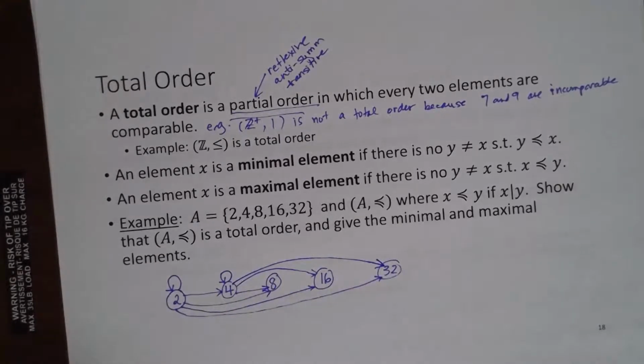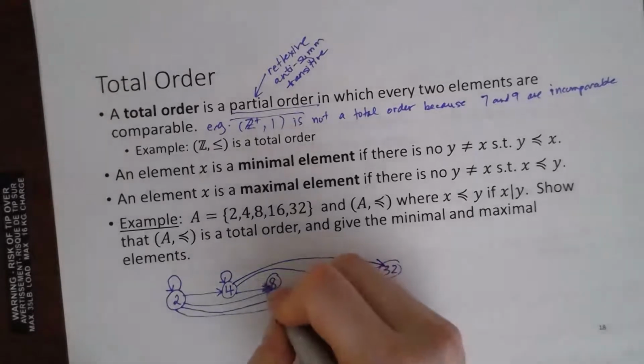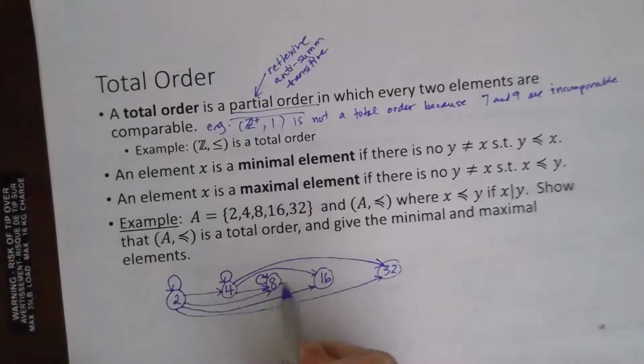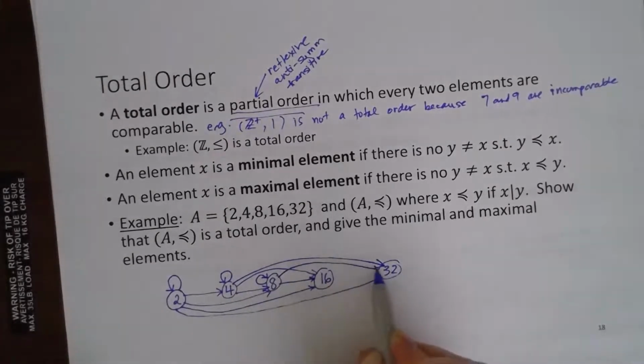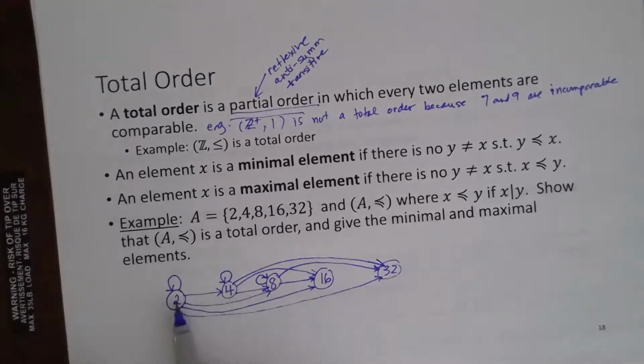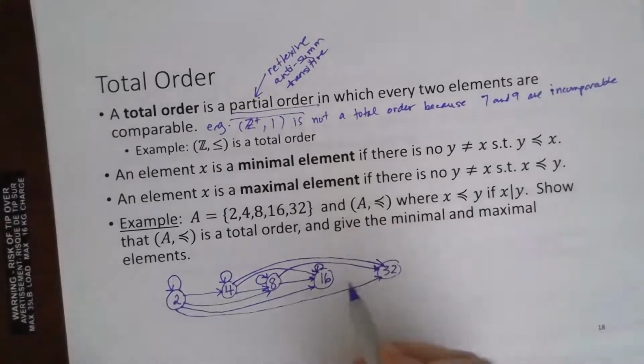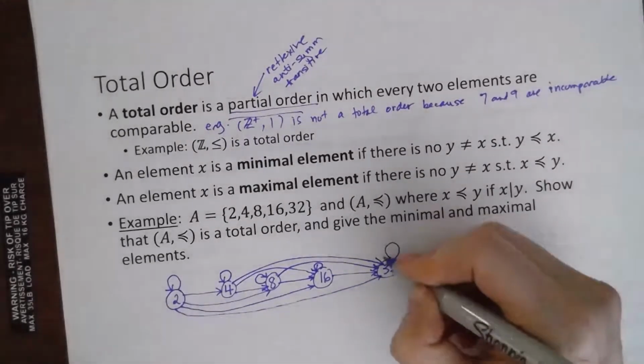Does 8 divide itself? Yes, I'll put a little self loop on that one. And then 8 divides both 16 and 32. Now I've got to start crossing some lines here. And then 16 doesn't divide any of the ones before it, 2, 4, 8, but 16 does divide itself. And 16 divides 32, and then 32 only divides itself.